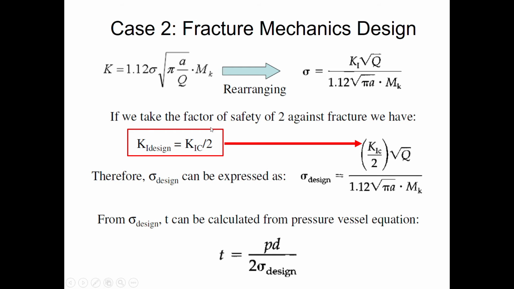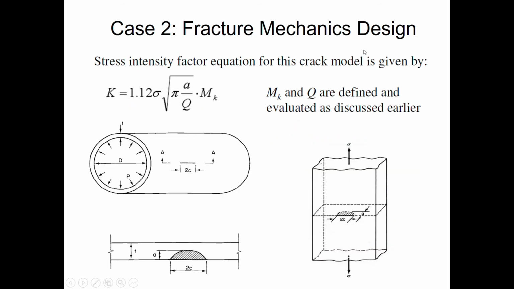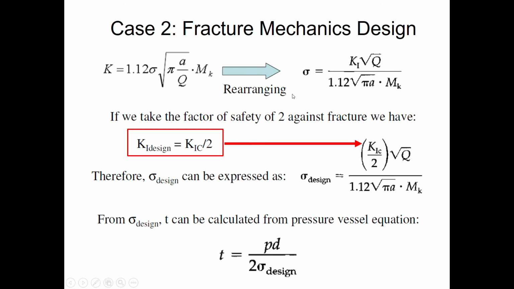Okay, if we take the factor of safety of 2 against fracture, the same approach that we applied in the traditional design approach. Now we use the same factor of safety 2 against fracture. So here, based on this equation, we know that K1 design is actually K1C divided by 2.